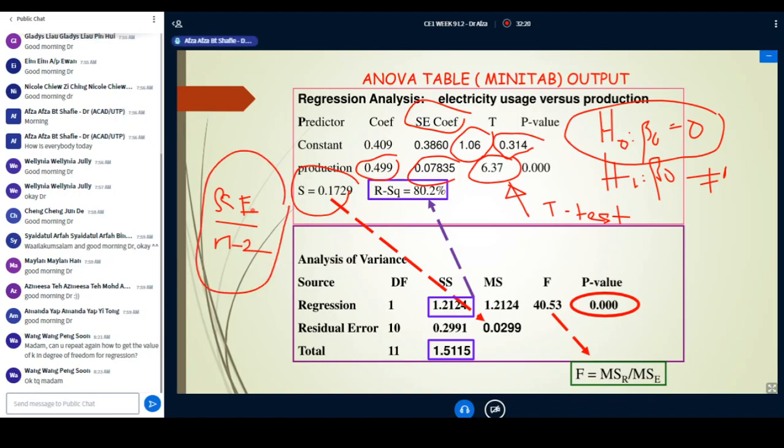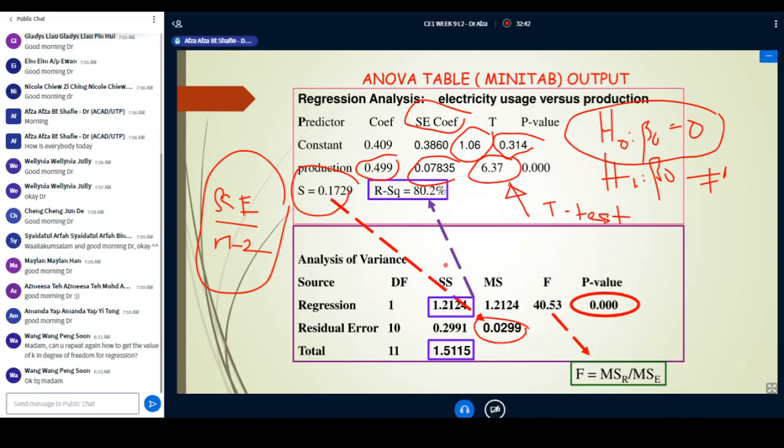This is our estimated variance, and the square root will give you the standard error.